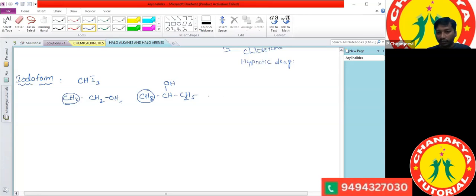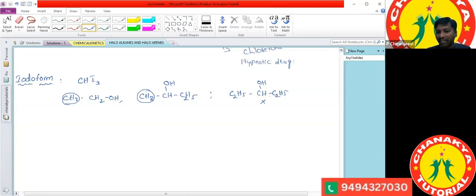If it is C2H5-CH(OH)-C2H5, treated with this reagent, it does not give the positive iodoform test. Why? Because there is no methyl group attached to the carbon bearing the OH.